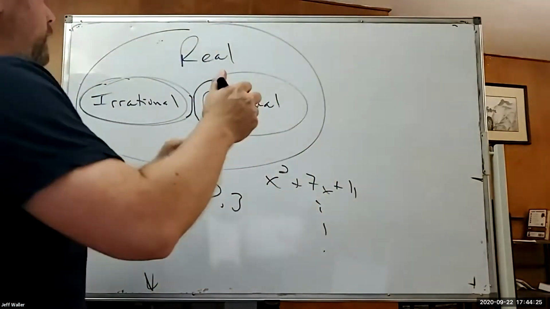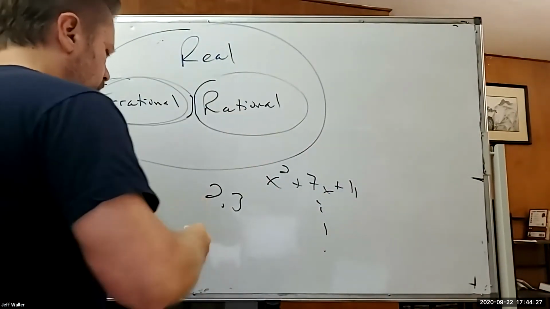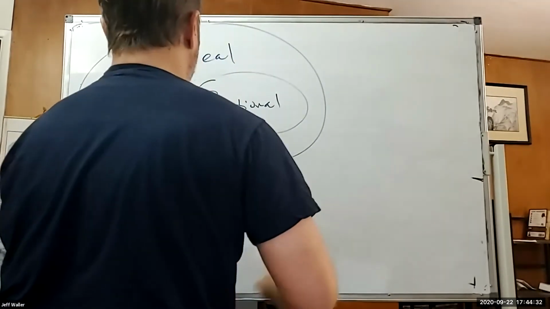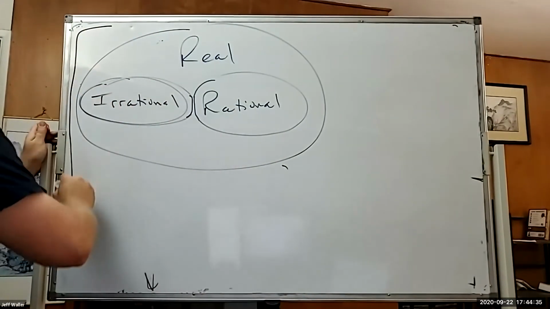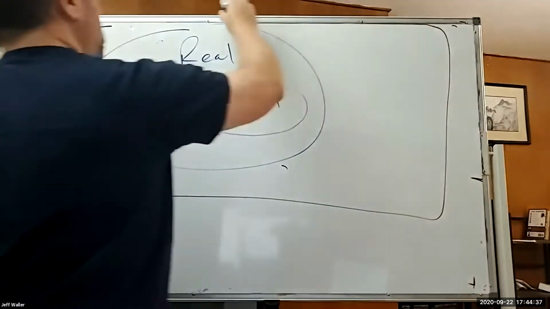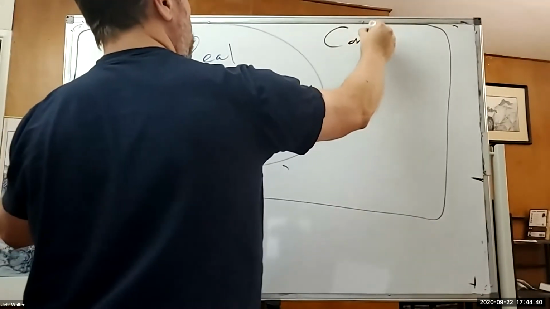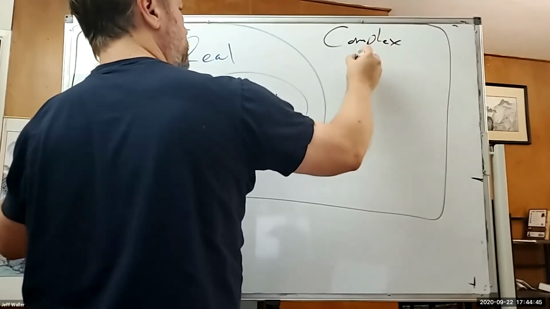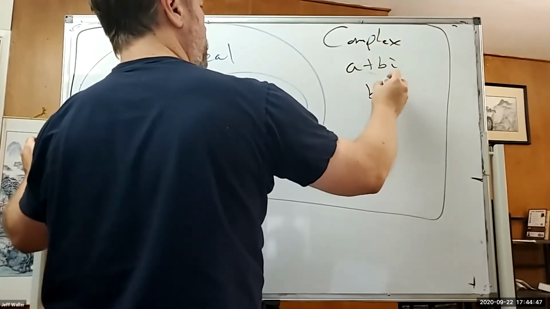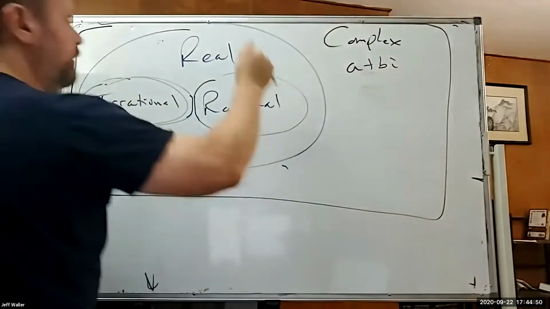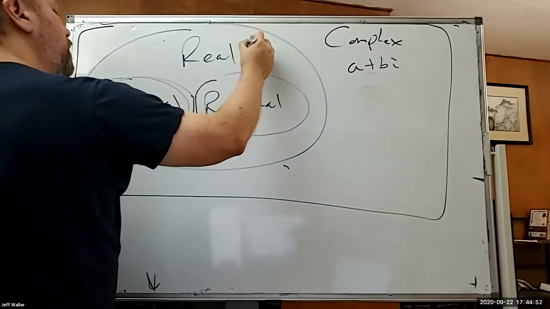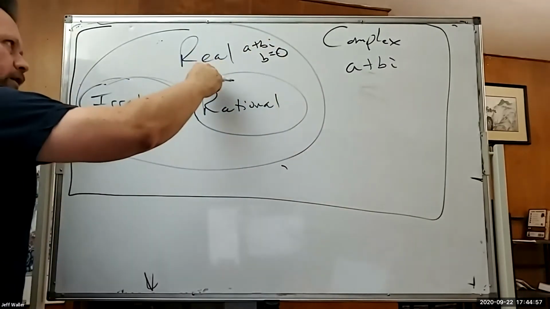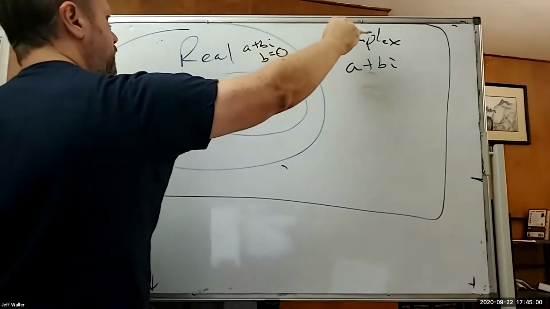So, complex numbers are A plus BI, and the real numbers are A plus BI where B is 0. So the real numbers are a subset of the complex numbers.